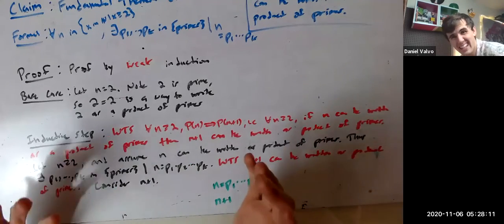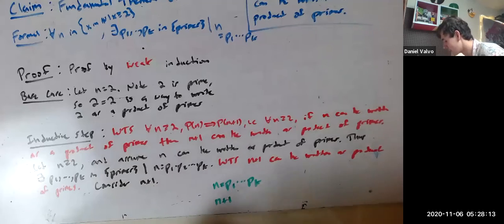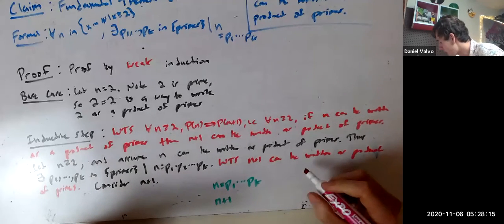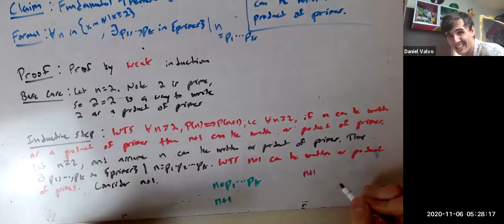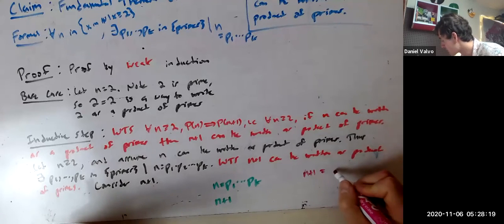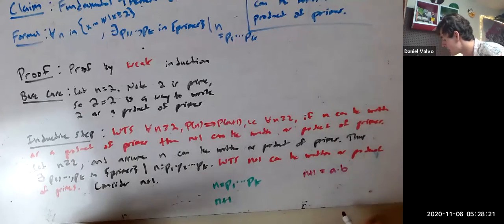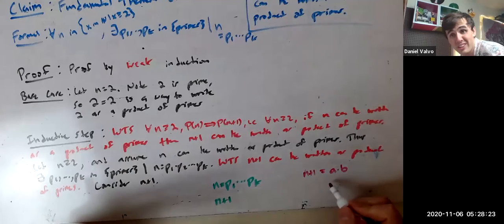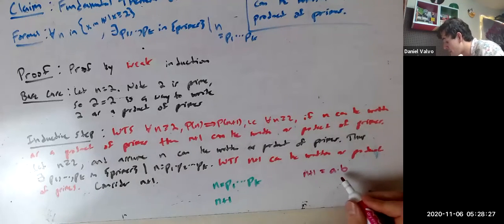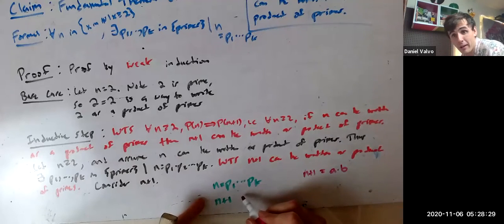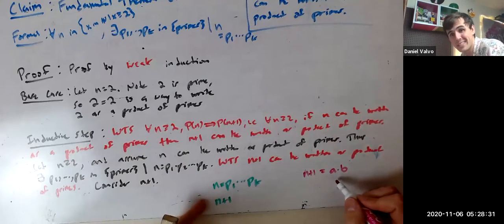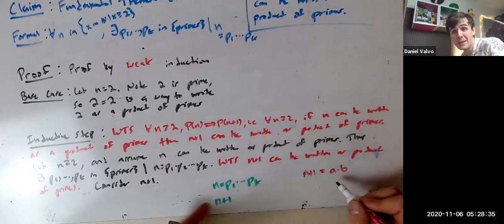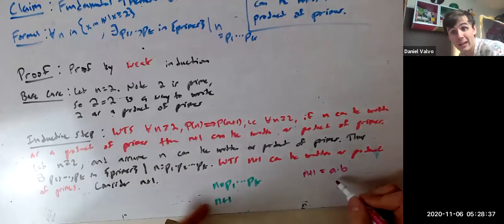Because the whole idea of this proof that we want to capture is that we know n plus 1 is either prime or composite. If it's composite, it could be written as some a times b, where a and b are less than n plus 1. But we don't know that a and b are going to be n. a and b are going to be some number less than n plus 1, but it won't be n, in fact.